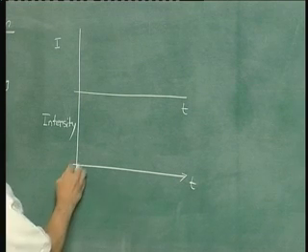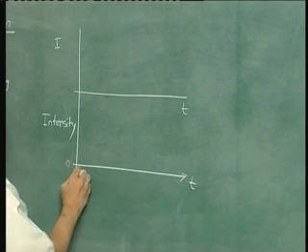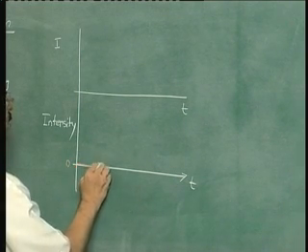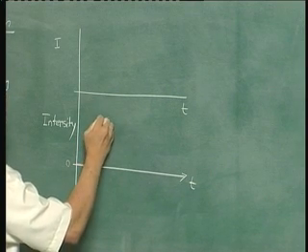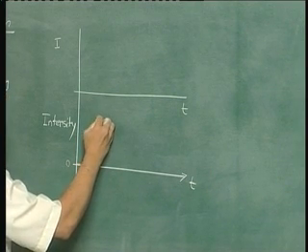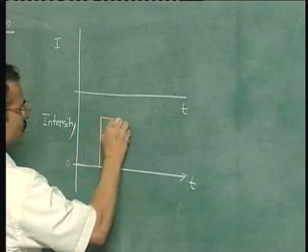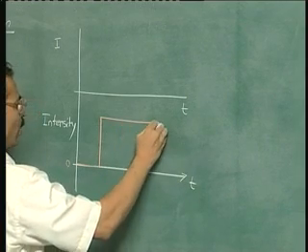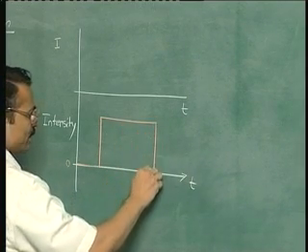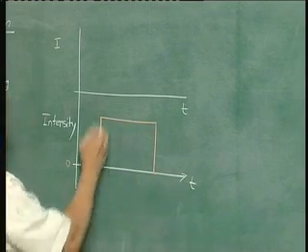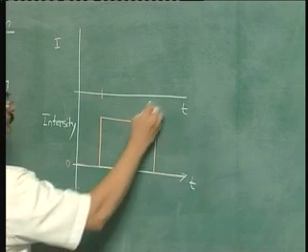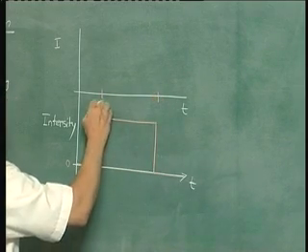Let us assume the intensity is 0 to start with, and at some instant it is suddenly increased. So light is switched on. It is maintained on for some time and then it is suddenly switched off. So here you have on and here you have off, and these are the instants.